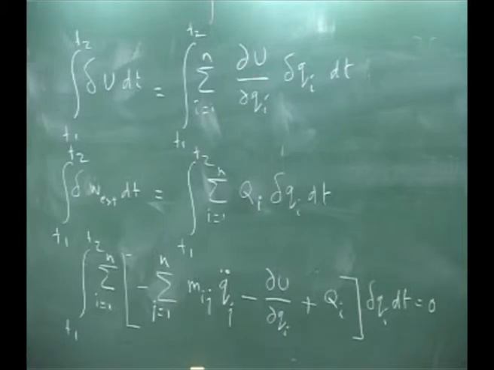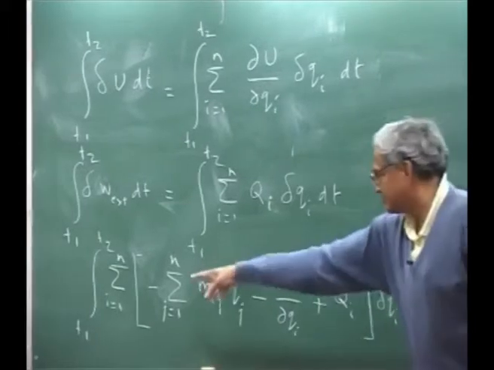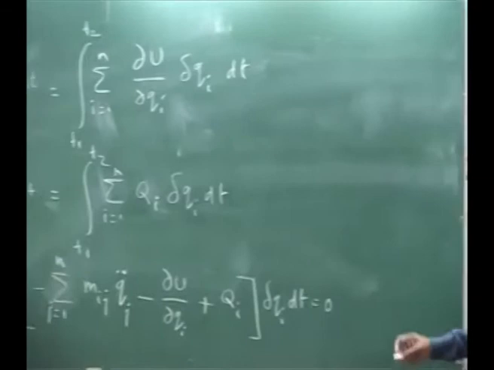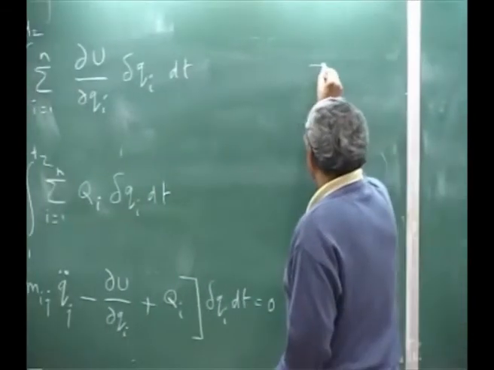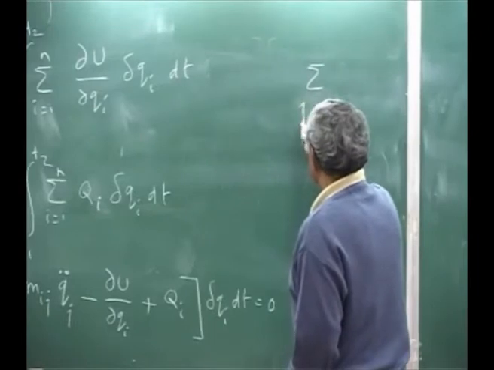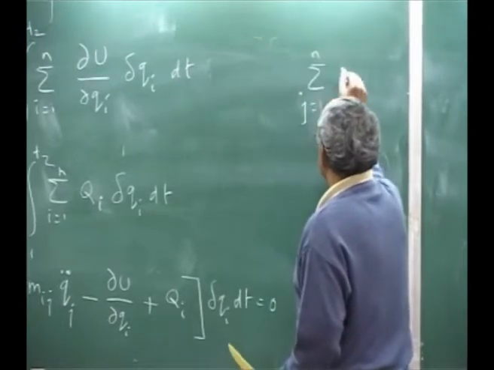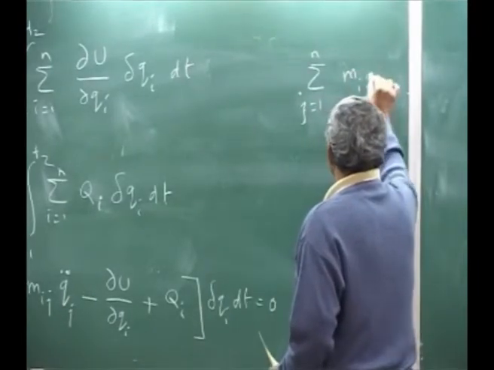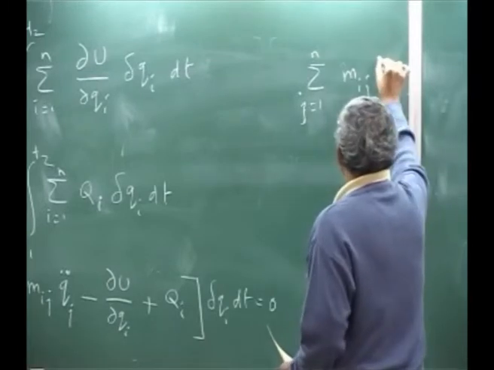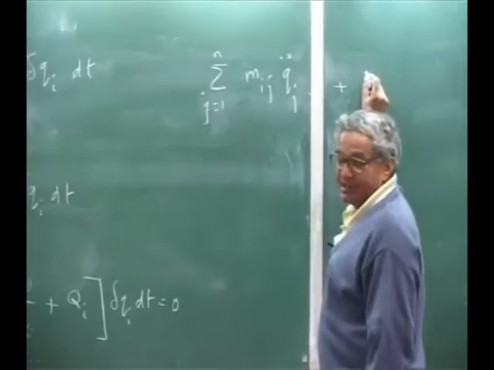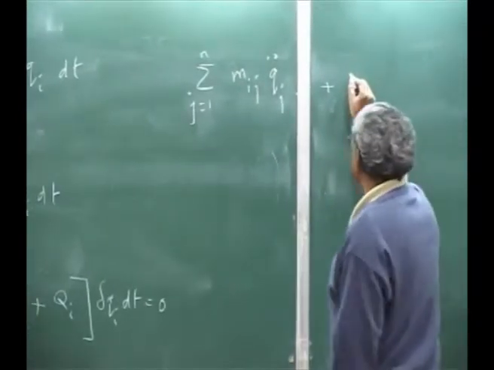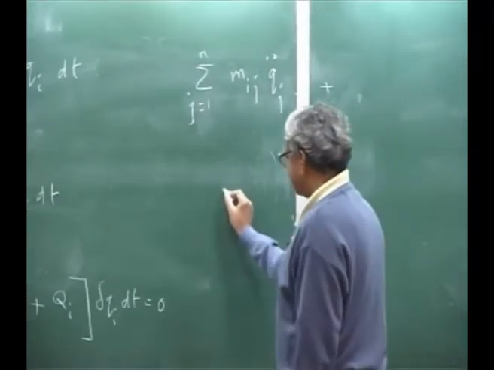Now, since all the delta q_i's are independent, they will be 0. I will write my equation like this. Summation j running from 1 to n m_ij q_j double dot plus delta u by delta q_i.